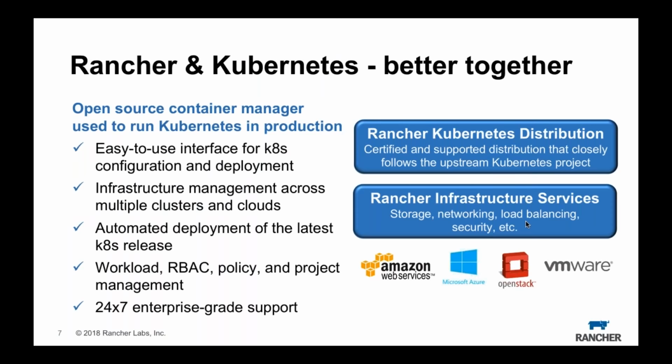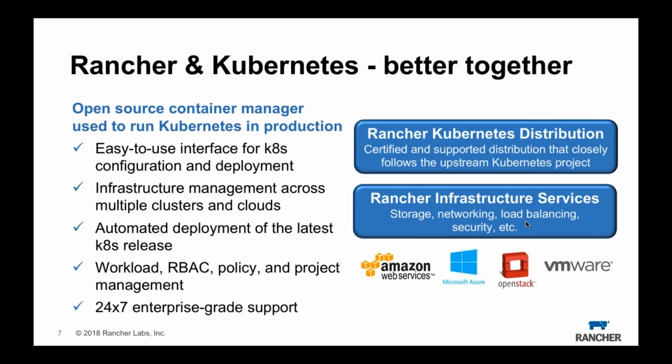So what do you get with Rancher? Basically, we provide a better experience with Kubernetes on several levels. Starting off with the user experience, you get a user interface for Kubernetes, both for the operational side, but also for users having to manage workloads on Kubernetes.